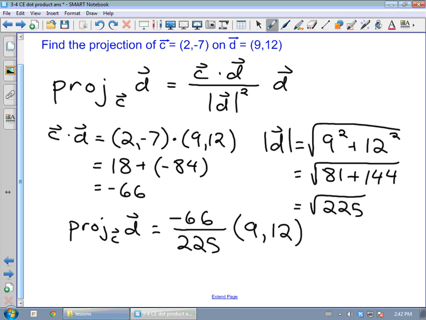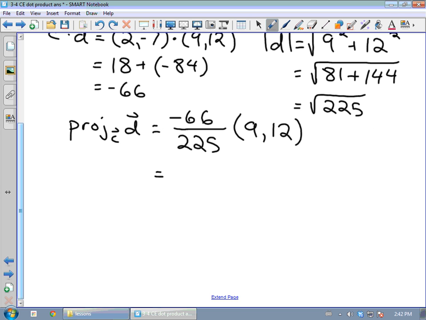We're taking this fraction here, negative 66 over 225, and multiplying it by the vector (9, 12). So this is something we can just punch into our calculator. Negative 66 divided by 225 times 9 gives us negative 2.64. Negative 66 divided by 225 times 12 gives us negative 3.52. So the vector, which is the projection of vector C onto D, would be this algebraic vector here, (-2.64, -3.52).